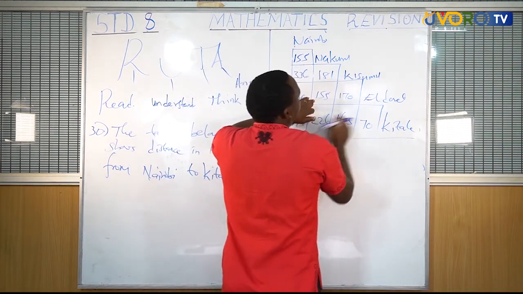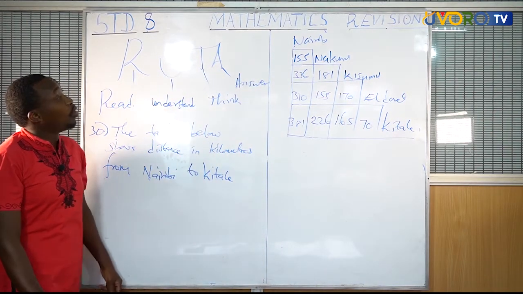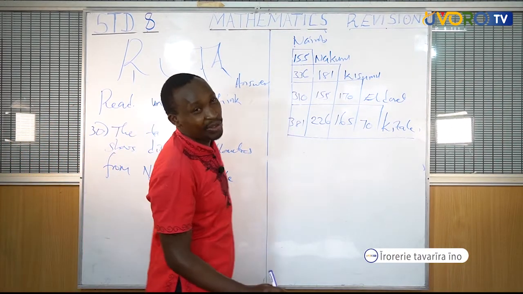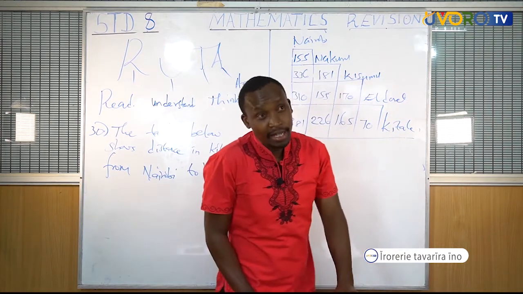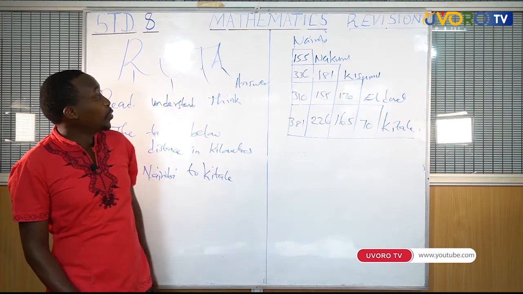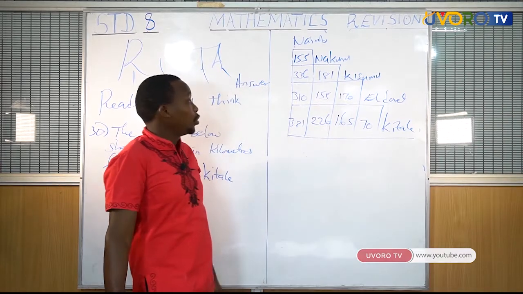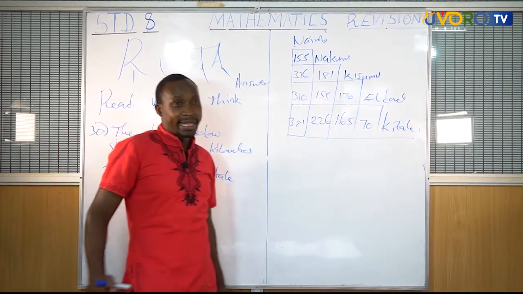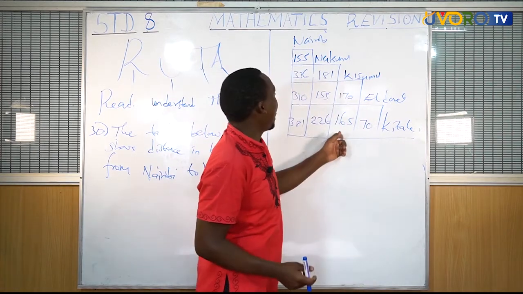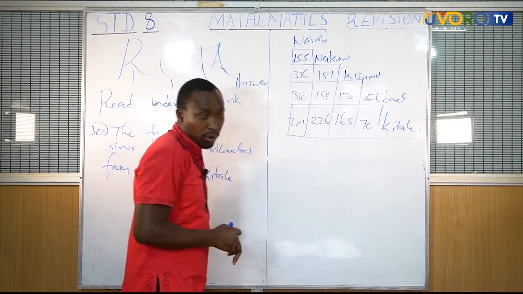Somebody to tell me now, what about Kisumu to Eldoret? A very simple one. Kisumu to Eldoret, very good, 170. What about Kisumu to Kitale? Yes, very good, 165.